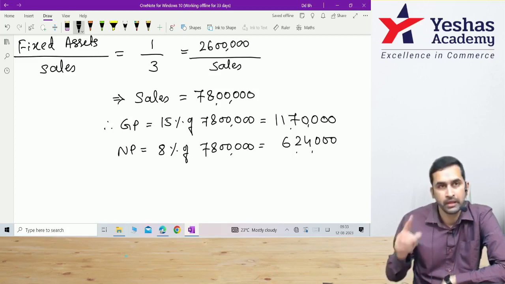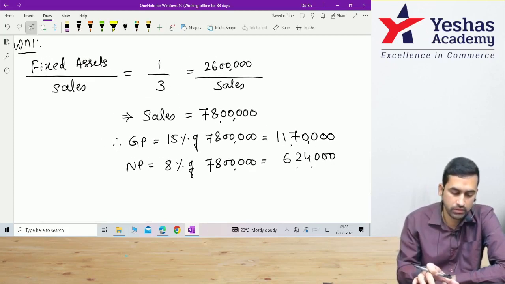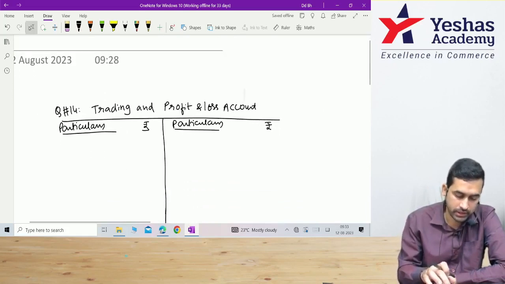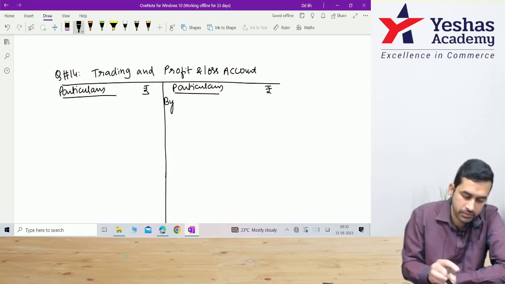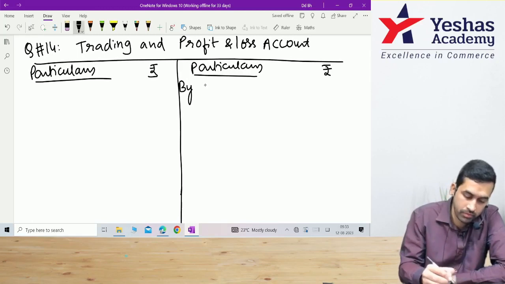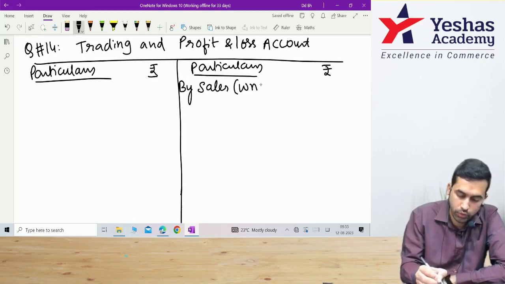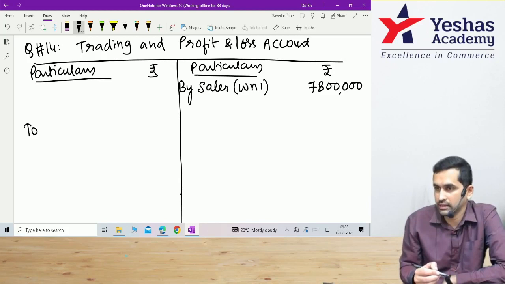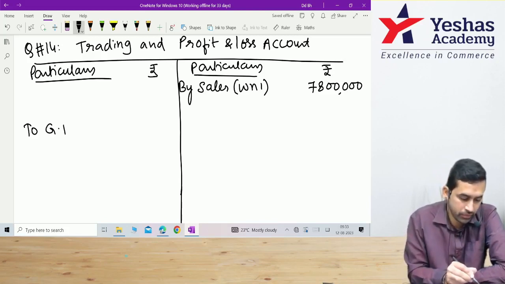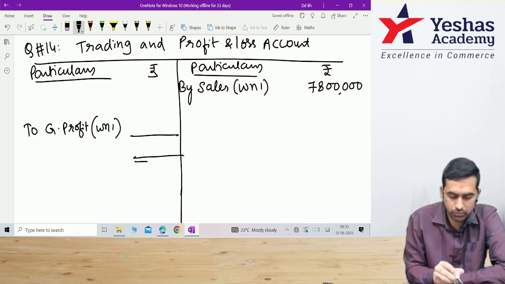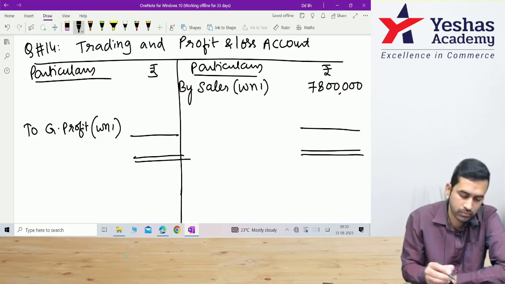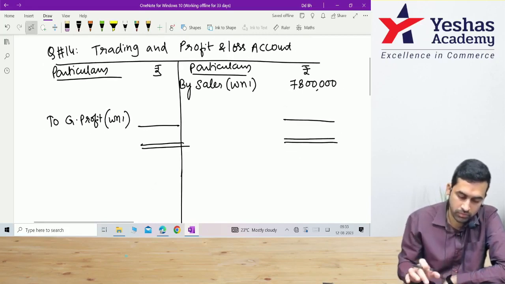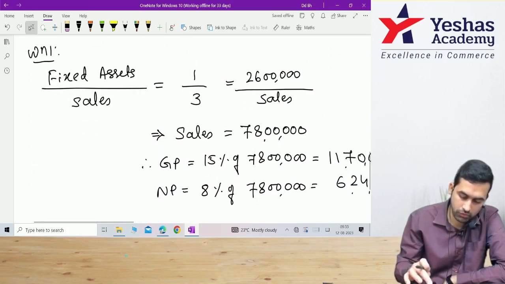Right, let's go back to P&L and fill all these numbers. Credit side, by sales, working note 1, 78 lakh. Debit side, leave 2 lines, at least 2 lines, and then gross profit, coming from the same working note 1, 11,70,000.